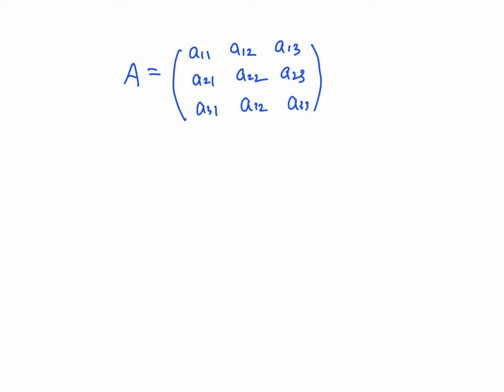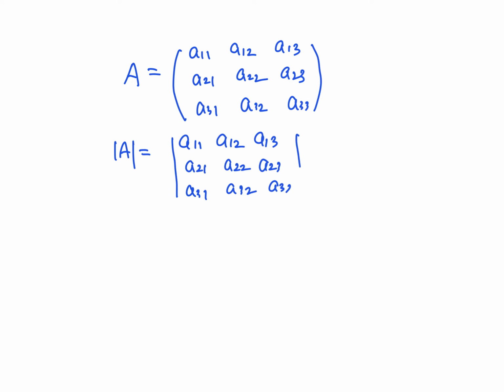So determinant A is actually, the even permutation is this way, along the arrows.